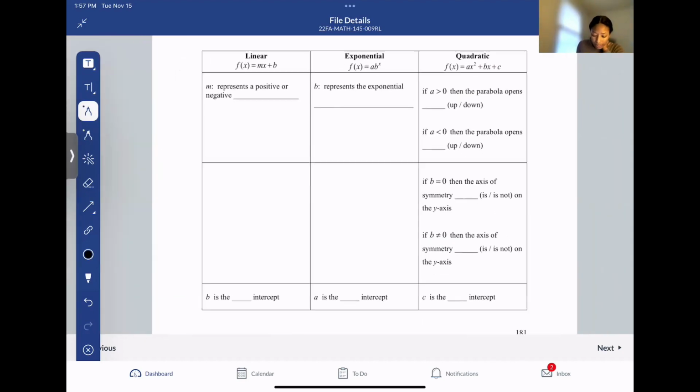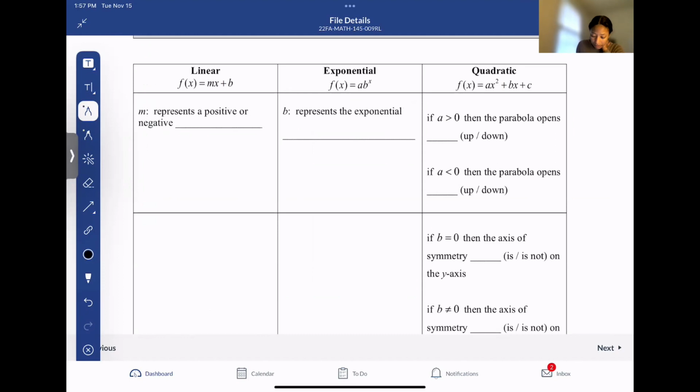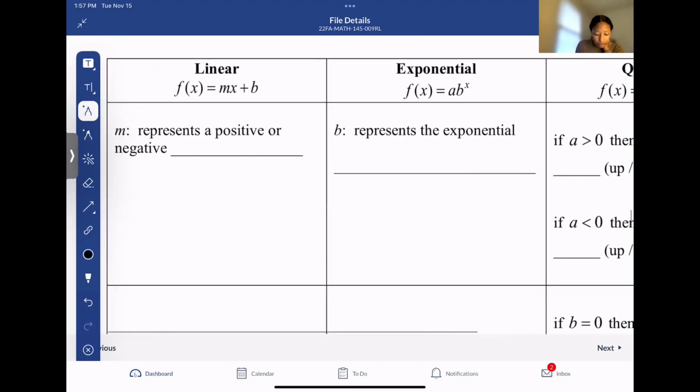Let's start with the ones that we know, linear and exponential. For a linear function, f of x equals m times x plus b, m represents a positive or negative slope, or rate of change.